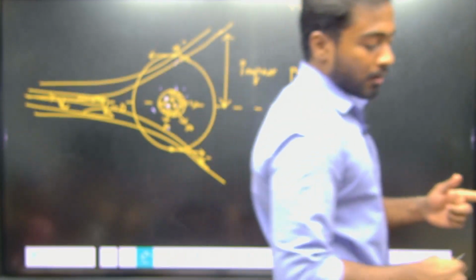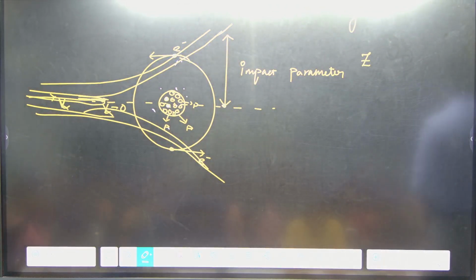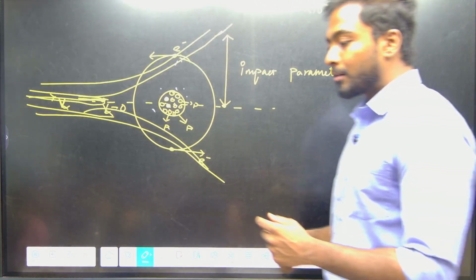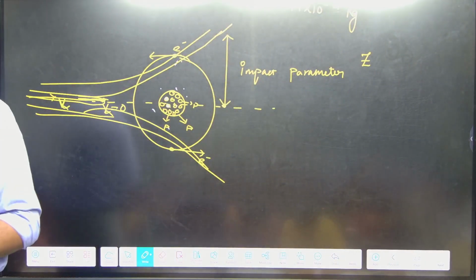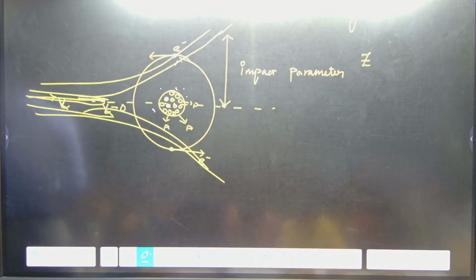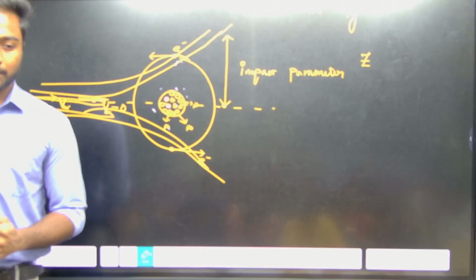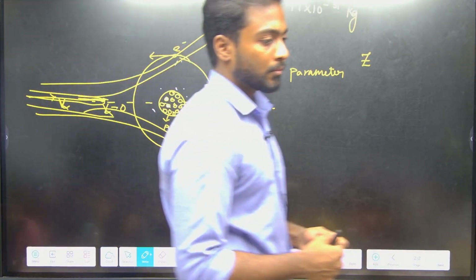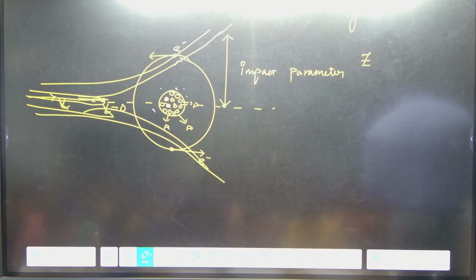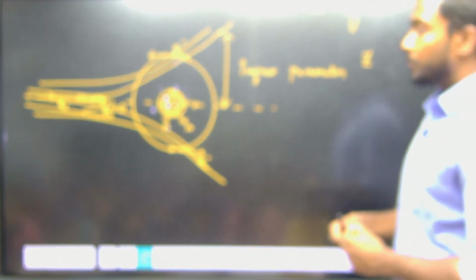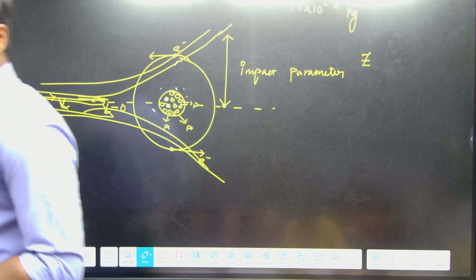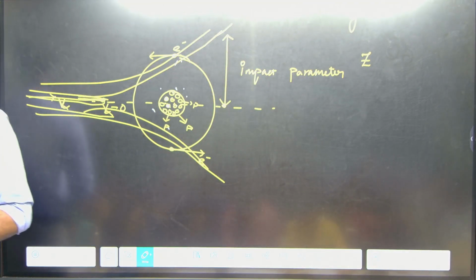Okay, write down the next point. In the center axis, the alpha particle travels with velocity v, after certain distance the velocity will become 0, and listen here.